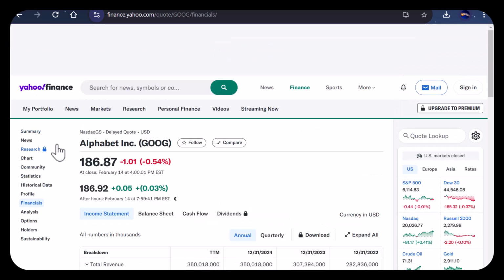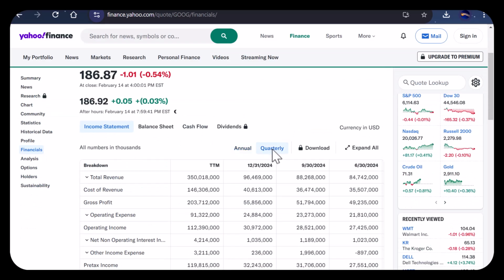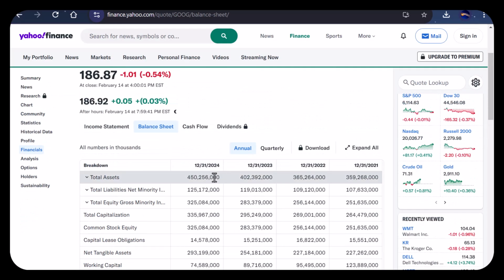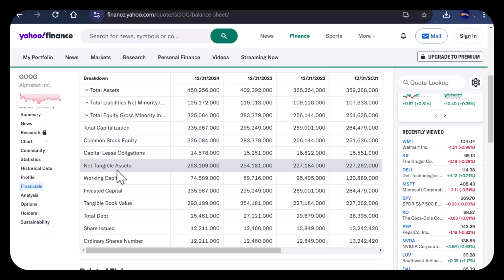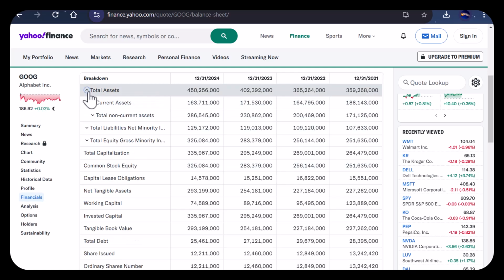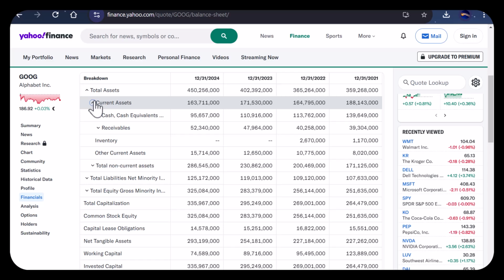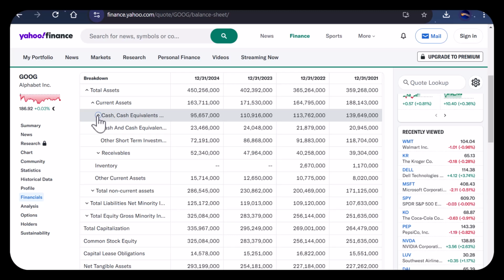If you look at the financials, let's do quarterly balance sheets. We have it as of the end of 2024. They have $450 billion in assets. Of those, 163 are current assets. Of those, $96 billion or so are cash and short-term investments. Do you think Google needs $96 billion of cash for their operations?